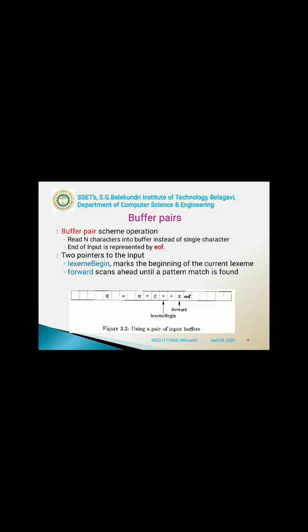Then we saw a technique called buffer pair, where you use two buffers, and if one buffer is filled with input then you can load the other buffer. We use two pointers, lexeme begin and forward. Lexeme begin always marks the beginning of your lexeme, and you move the forward pointer ahead until it matches a particular pattern.